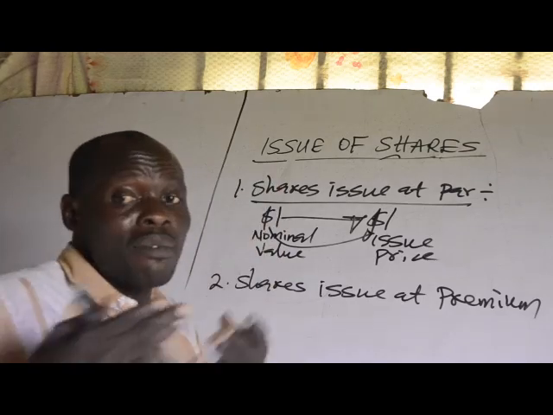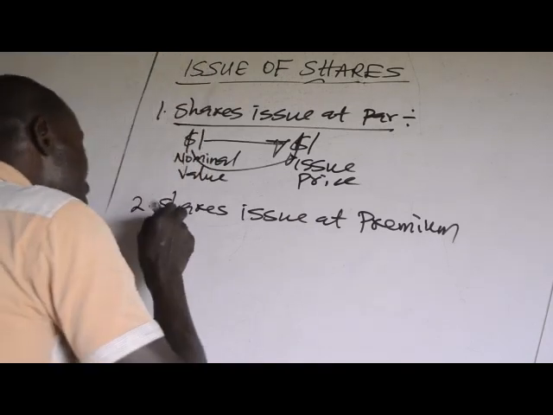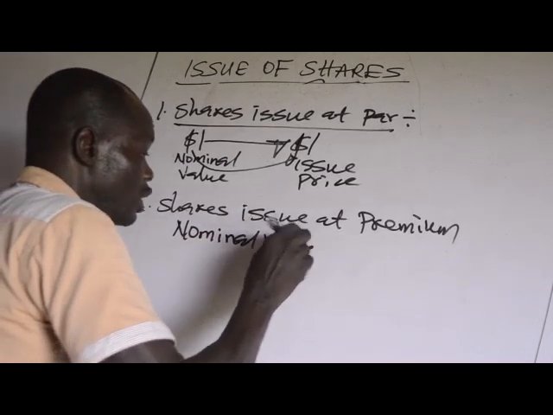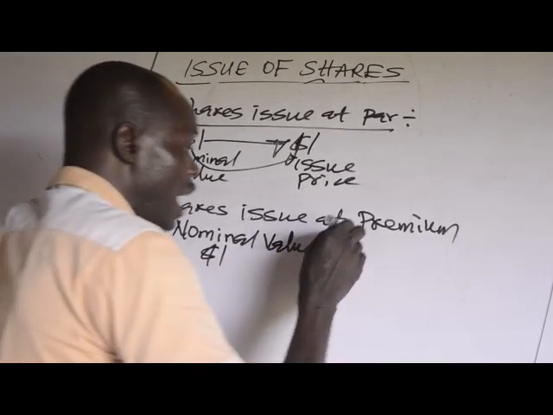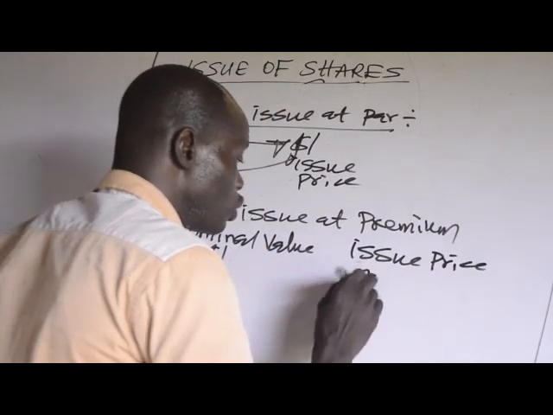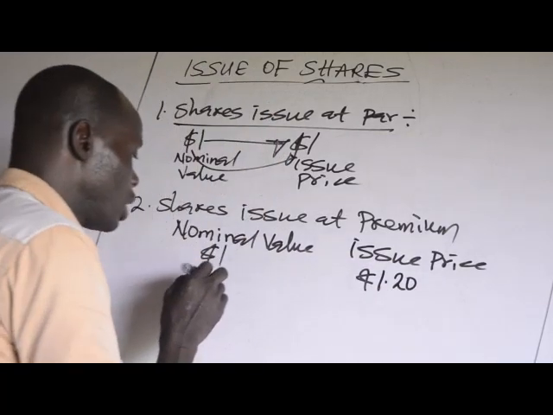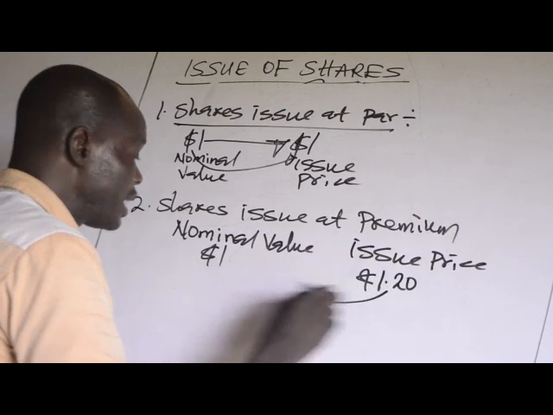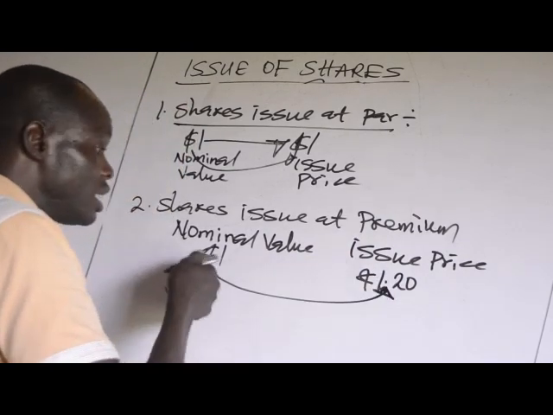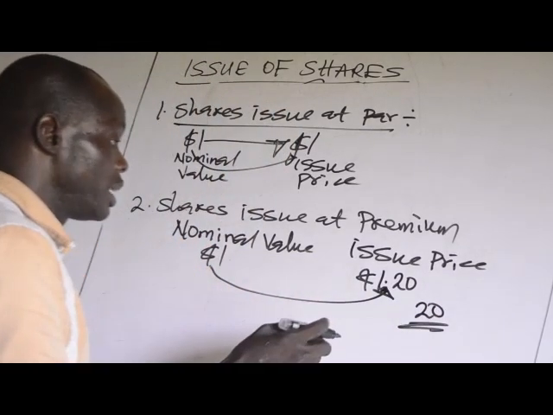Remember, the nominal value of a share is its face value. If the nominal value is $1 and the issue price is $1.20, the issue price exceeds the nominal value by 20 cents. That 20 cents is said to be the premium.